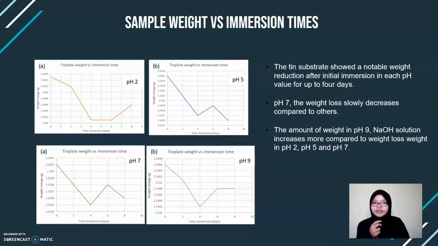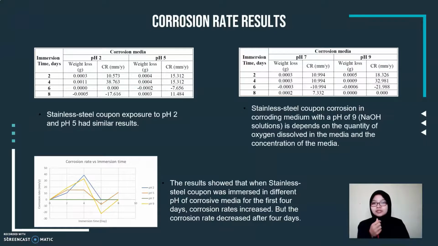The amount of weight loss in pH 9 NaOH solution increases more compared to weight loss in pH 2, pH 5, and pH 7. This is due to the high pH of the sodium hydroxide solution, which increases the amount of hydroxyl ions, OH-, which may have been absorbed onto the specimen surface. Results. Based on data obtained, stainless steel coupon exposure to pH 2 and pH 5 had similar results.